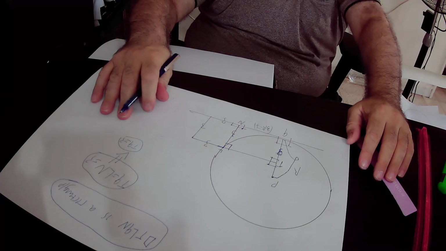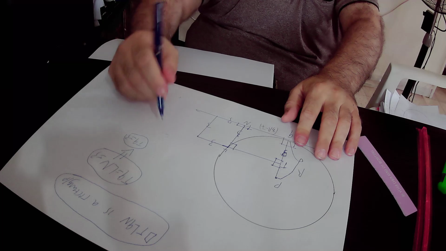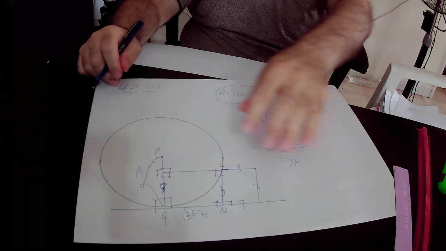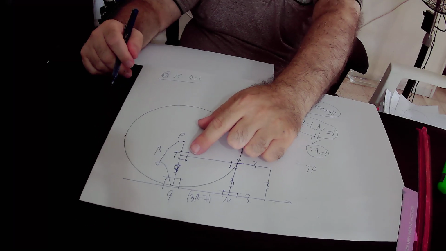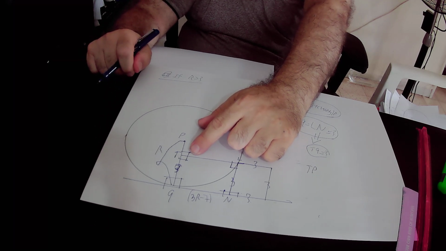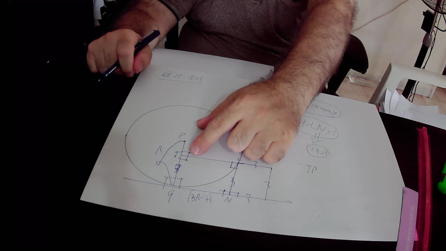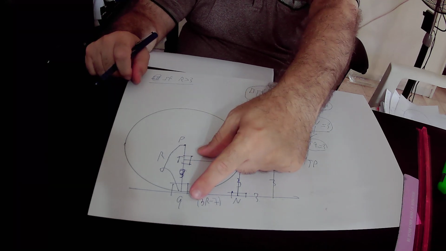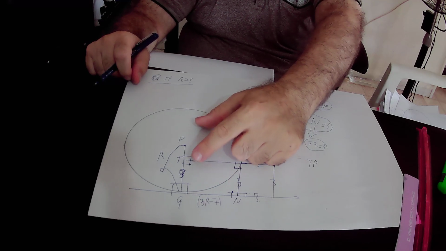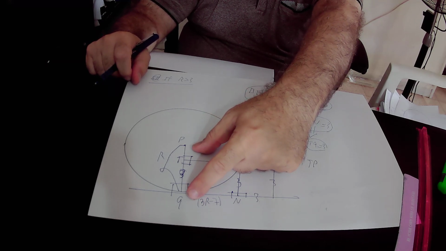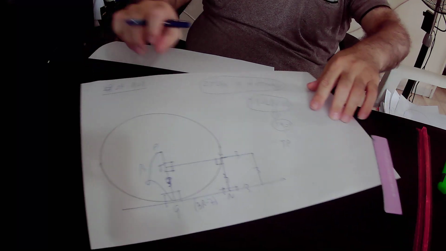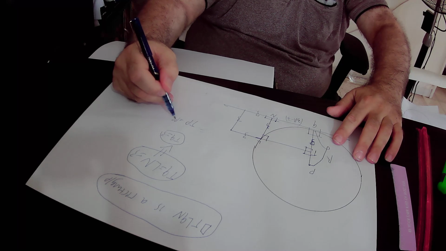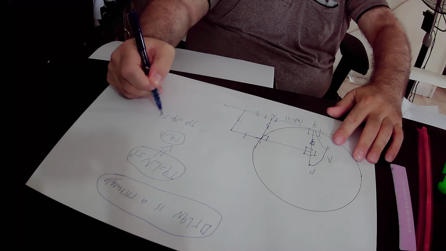So what is the value of TP? It is very easy to see from the drawing that PT equals PQ minus TQ.